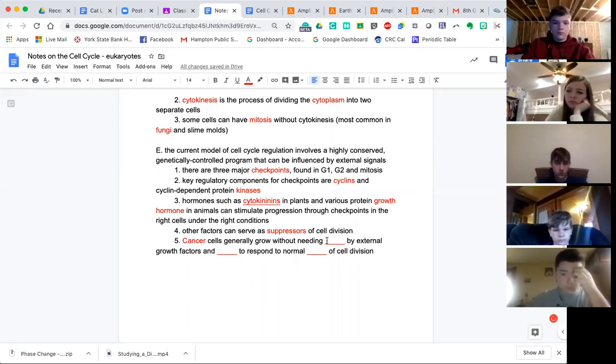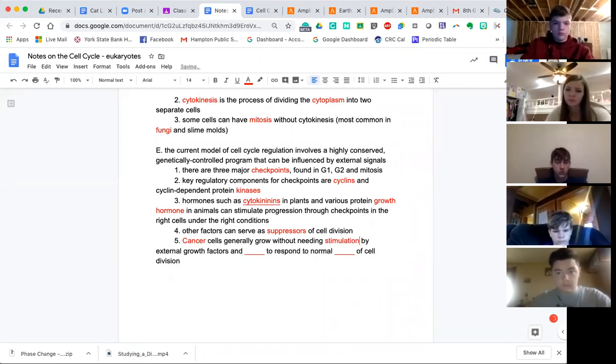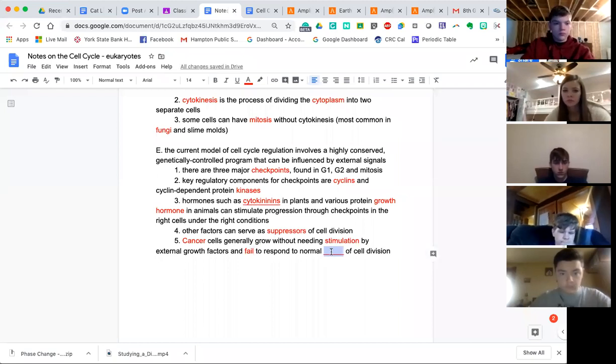Cancer cells generally grow without needing our body to stimulate anything. And cancer cells fail to respond to any type of signal our body tries to slow down anything. So they fail to respond to any suppressors.